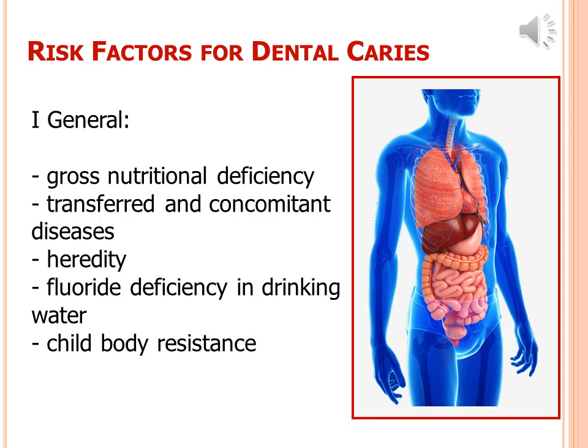Risk factors of dental caries. These are factors which produce a cariogenic situation. All factors of caries occurrence are divided into two groups: general and local factors. The first one, general factors: defective diet and drinking water without fluorine, or with a small content of fluorine, for example.